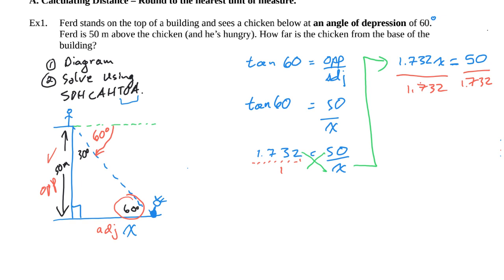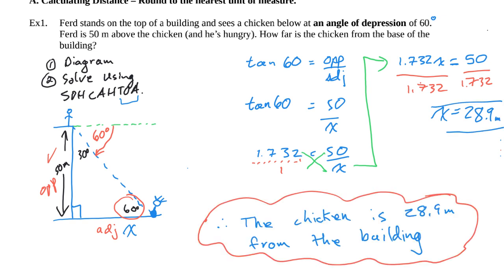And you get an answer of about 28.9. So X is 28.9, and that's meters as my final answer. And so we can say the chicken is 28.9 meters from the base of the building.